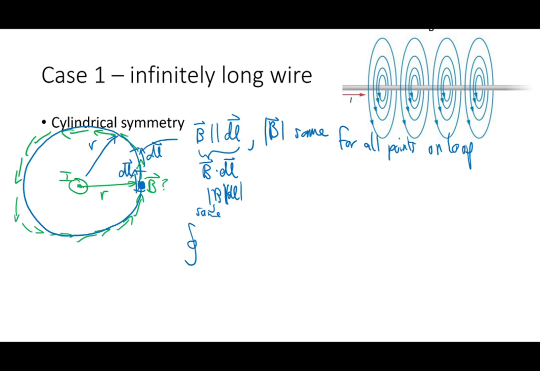So therefore, when you do Ampere's law, this B can just come out and you're left with the integral of dl. The magnitude of which, if you sum up all the little steps we take, is just the overall length of the loop, which would be 2 pi r, the circumference of a circle.